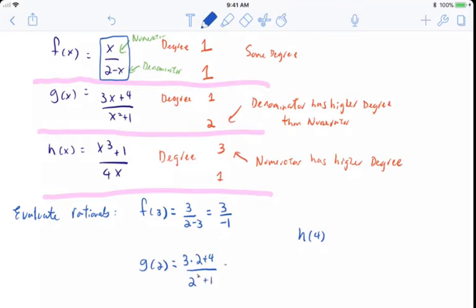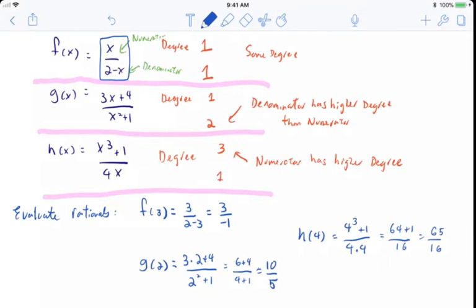So this becomes 6 plus 4 over 4 plus 1, which is equal to 10 over 5. And the last one, 4 cubed plus 1 over 4 times 4. So this is going to be 64 plus 1 over 16, which is going to be 65 over 16.